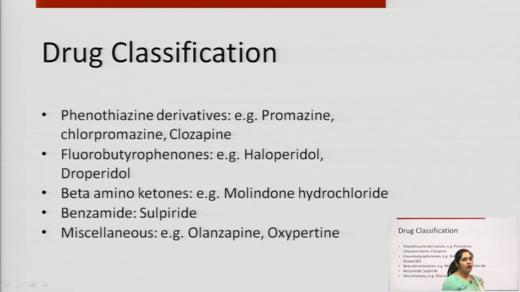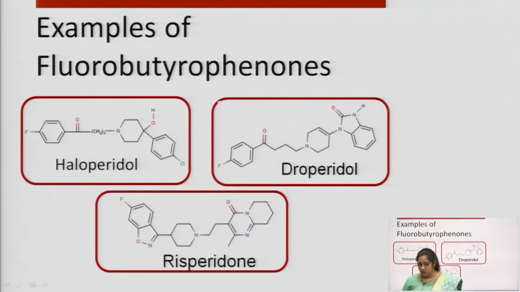First of all, the phenothiazine derivatives, promazine and chlorpromazine, we already did in the previous lecture. Now, the next category is fluorobutyrophenones. They were initially known to be analgesic, developed during the development of analgesic derivatives.